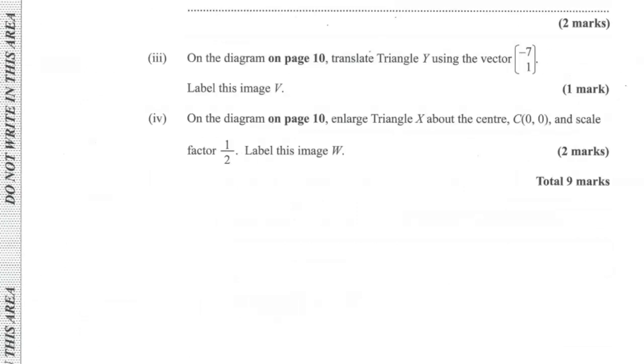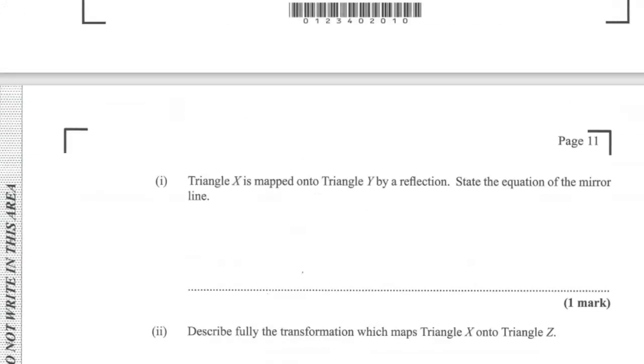We are told that triangle X is mapped onto triangle Y by a reflection. State the equation of the mirror line, and we're asked to describe the reflection that maps X to Y, and the transformation that maps X to Z. So let's do it. So X to Y and then X to Z.